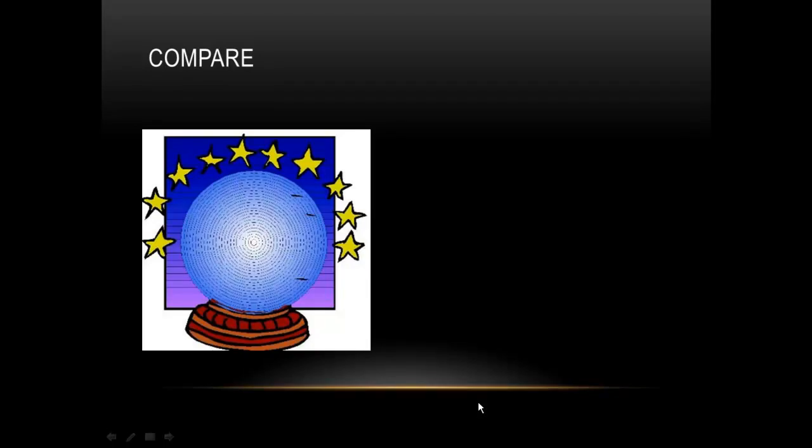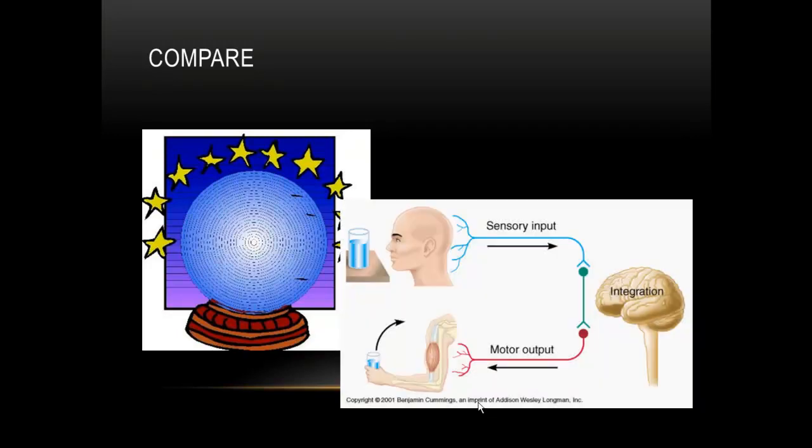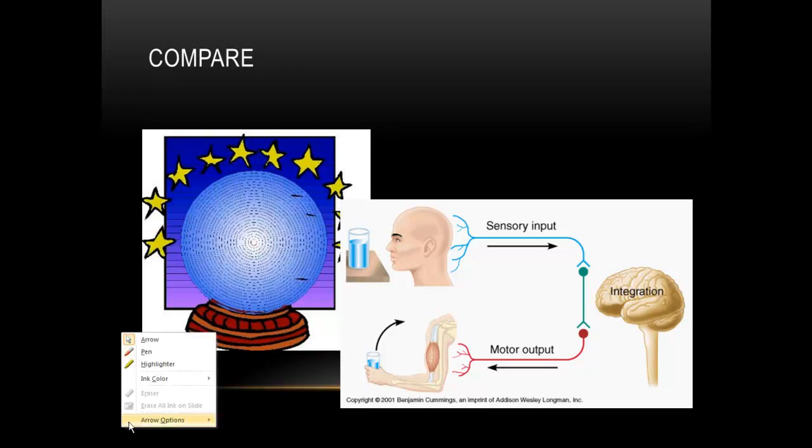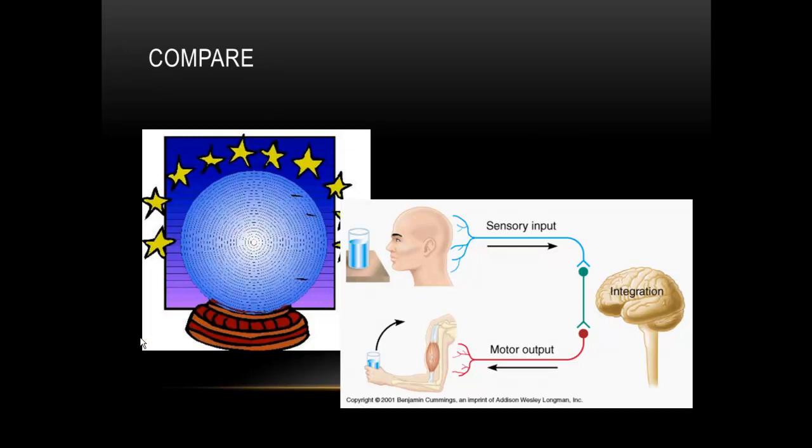So in my crystal ball, again, I can forecast and foresee that comparing motor neurons to sensory neurons would be a fabulous compare and contrast. One that should be already obvious to you at this point is the direction of information. So a sensory neuron is going from the peripheral nervous system towards the central.